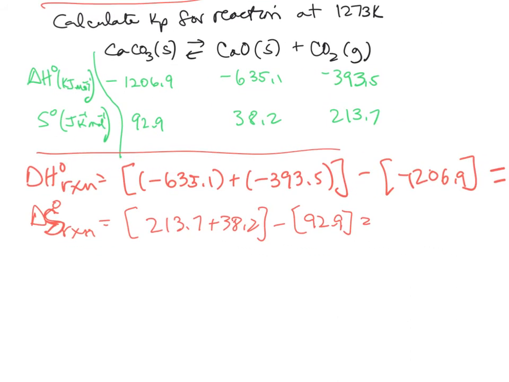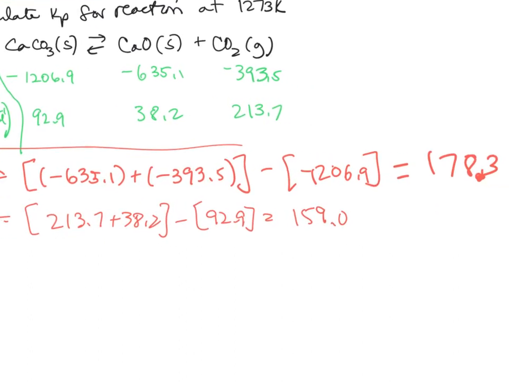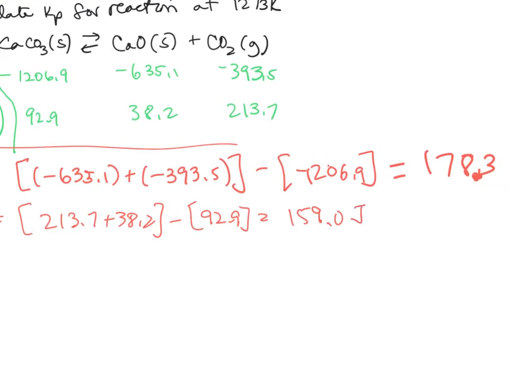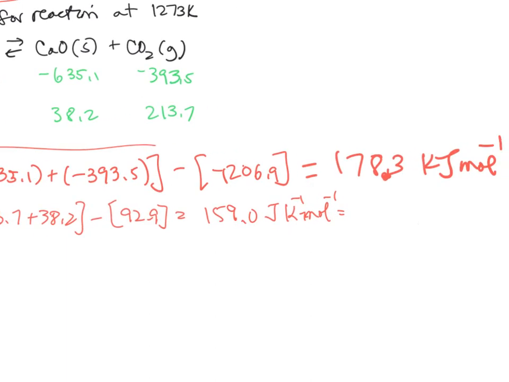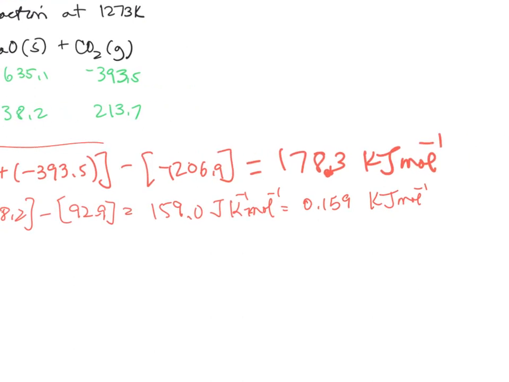So that is 159.0 joules per Kelvin per mole. And convert that to kilojoules. So this is 0.1590 kilojoules per mole. And then you got to divide by Kelvin too, per Kelvin. So now they're both in kilojoules. You got to do that.